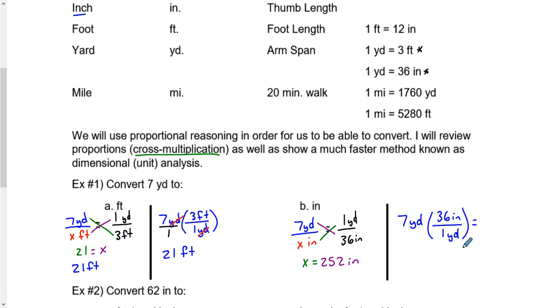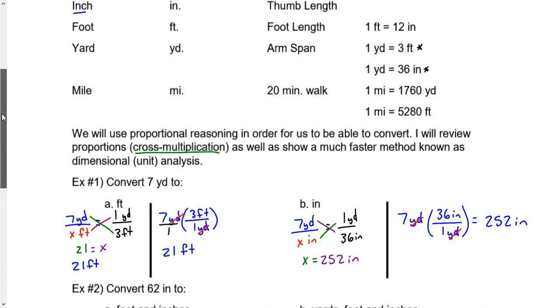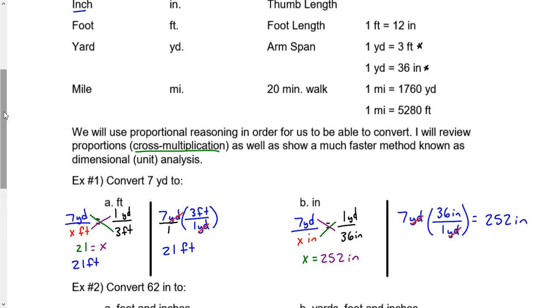And 7 times 36 is still 252, because the yards cancel off. You can do proportion. I just find that it takes a lot of time. At the same time, as in our second example, we'll see some more key characteristics as to why dimensional analysis is, in my opinion, a superior method.